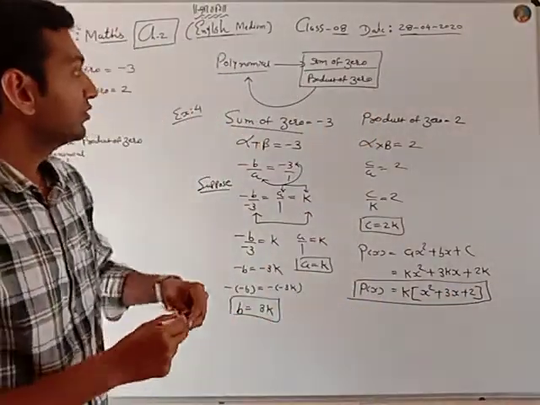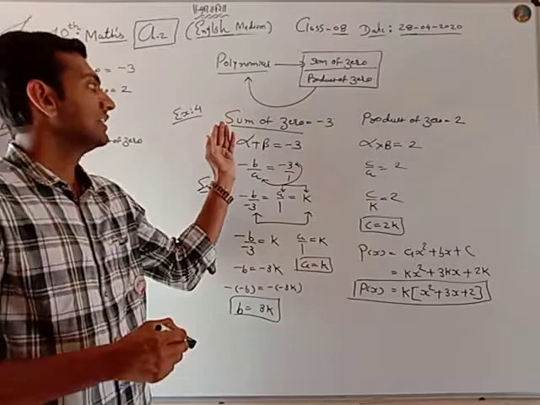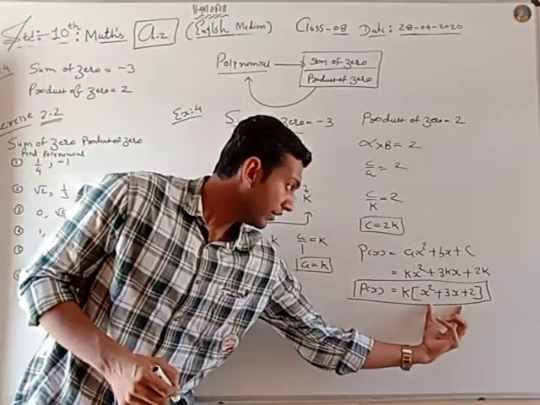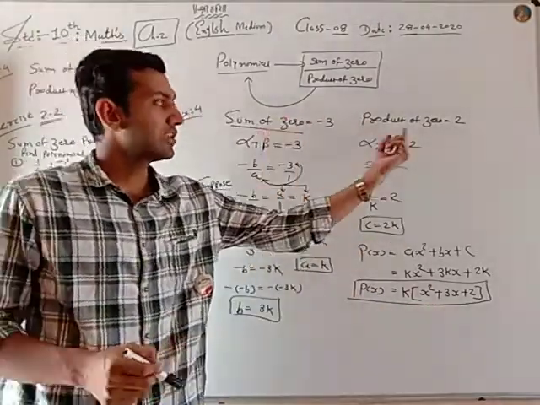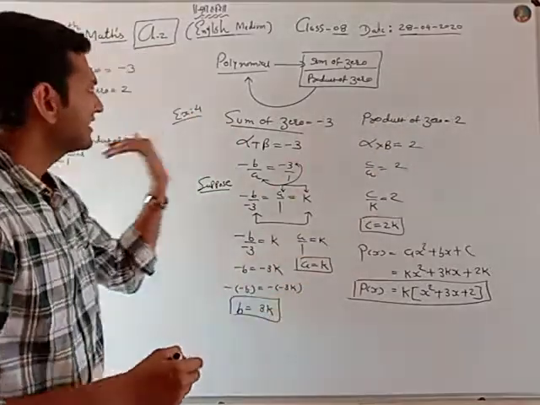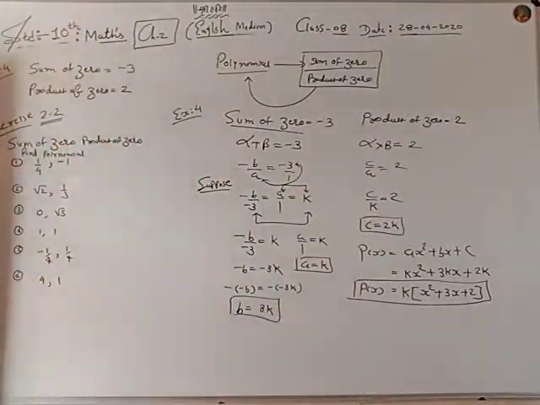I hope you understand how to find a polynomial from the sum of zeros and the product of zeros. Let's see the second sum, which I take from your textbook, exercise 2.2, question number 2. The first term is the sum of zeros and the second term is the product of zeros.